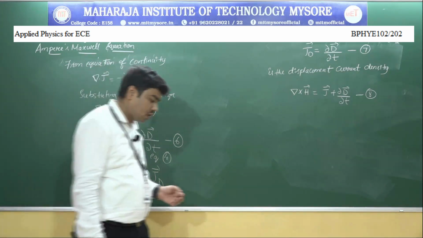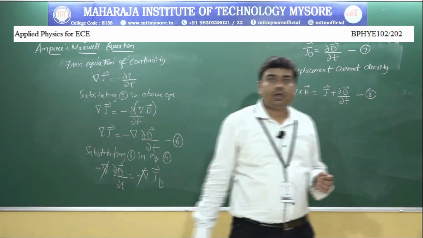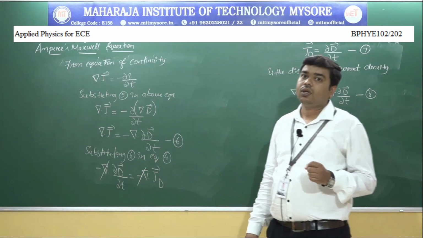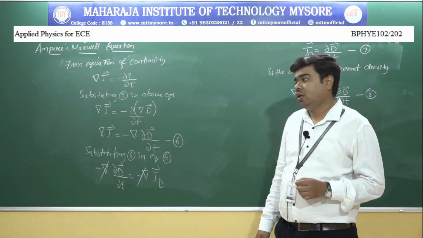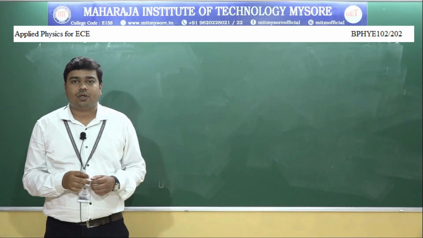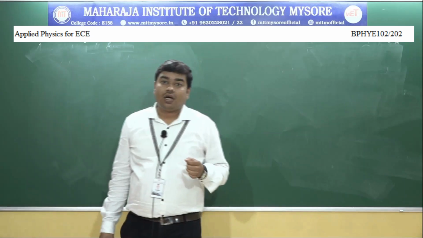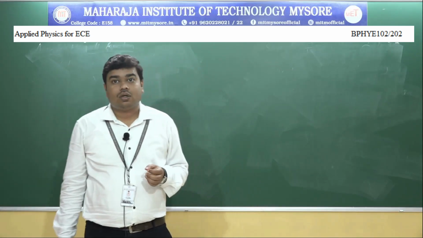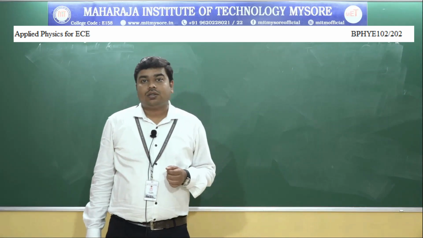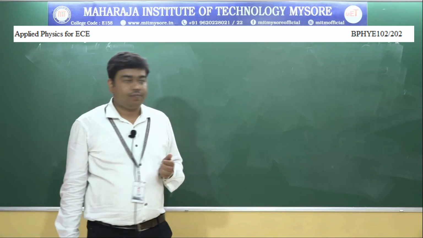So, this is how we derive the expression for the Ampere's Maxwell's equation, starting from the Ampere's law in the differential form. The next expression we are going to derive is the expression for the displacement current. In this next derivation we will find the expression for JD or dou D by dou T.